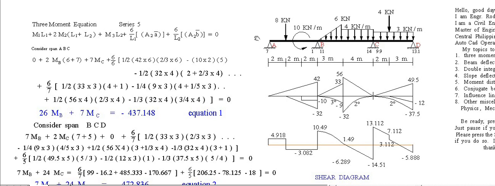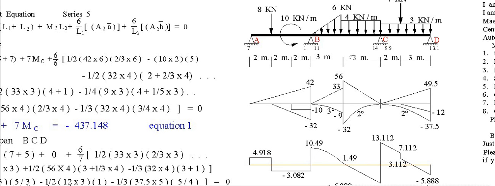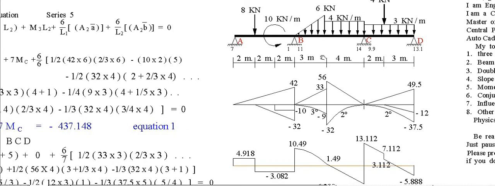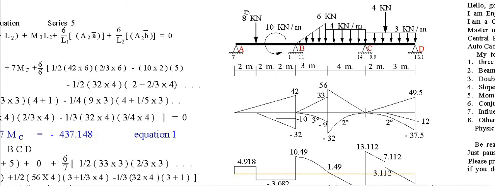Consider this span AB as a simple beam. Solving for the reaction, this is just a simple beam. Neglect BCD, just AB. The reaction RA is 7, and this is just a dummy reaction. It is not yet the true value of the reaction at A. Then for the simple beam, the reaction RB is 1.